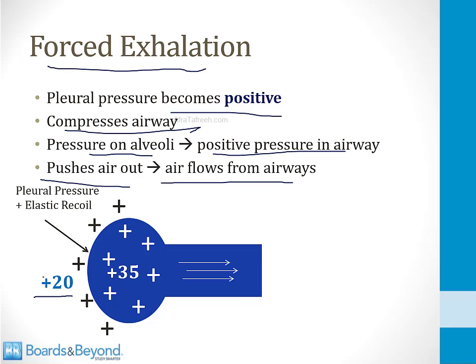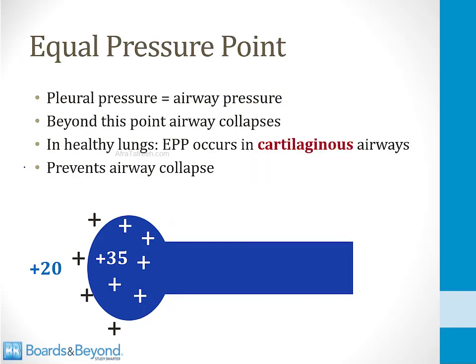The reason it's higher is because not only do you have the plus 20 of the pleural pressure, but remember the lungs want to collapse in on themselves. That's called elastic recoil. So that pressure is added additionally, and therefore you get a very high pressure in the alveolus, like plus 35. And remember that atmospheric pressure is 0, so now you have a very large gradient of 35 millimeters of mercury driving airflow out of the lungs, and that's why you're going to get a vigorous forced exhalation. So you might be wondering, if the pleural pressure becomes positive, why doesn't it collapse the lungs?